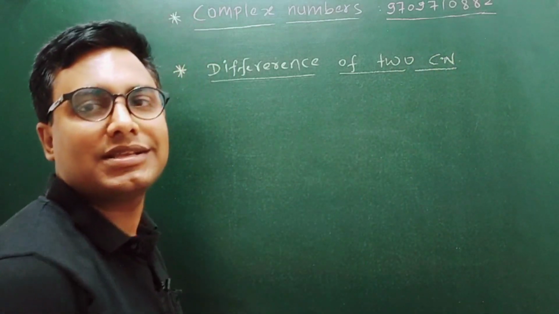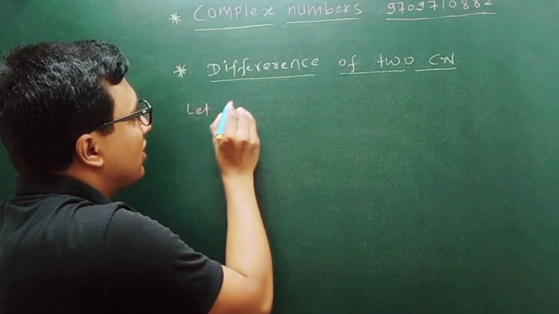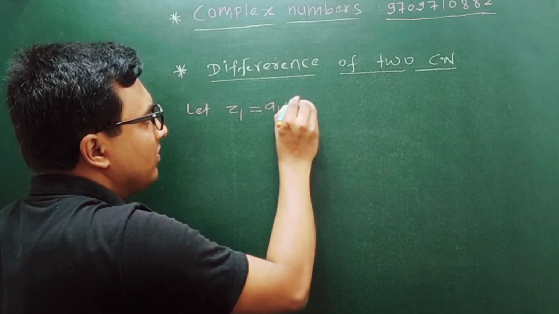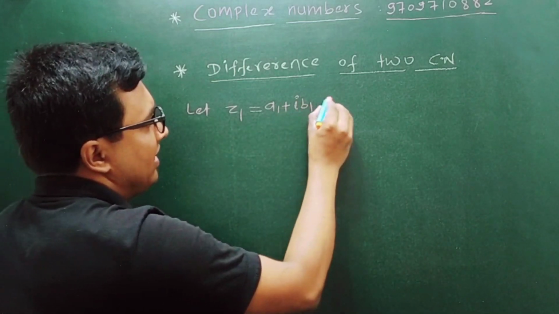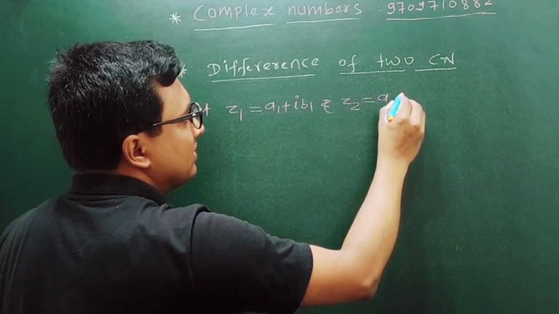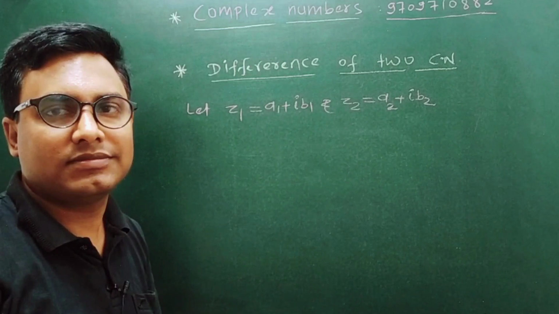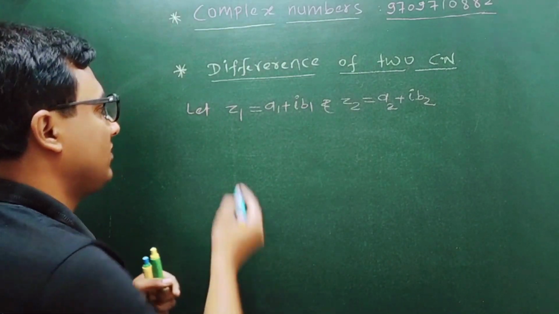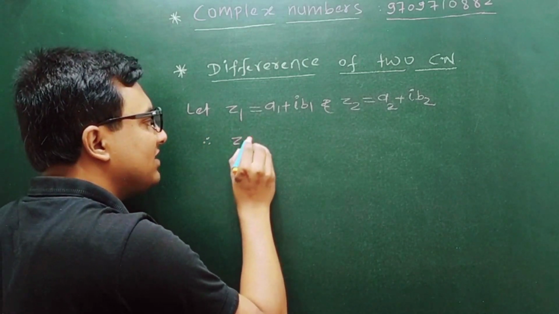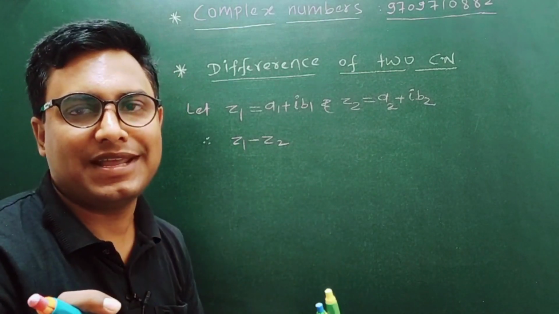Let two complex numbers be z1 is equal to a1 plus iota b1 and z2 is equal to a2 plus iota b2, right? Therefore z1 minus z2 denotes the difference between two complex numbers.